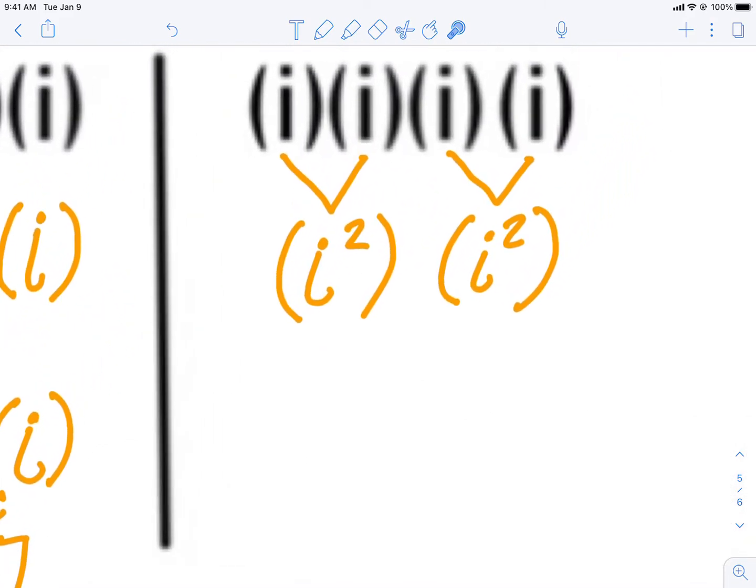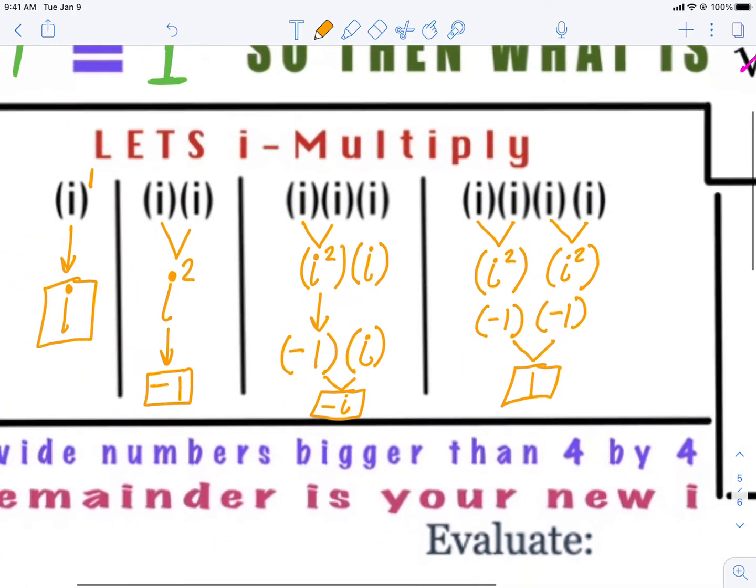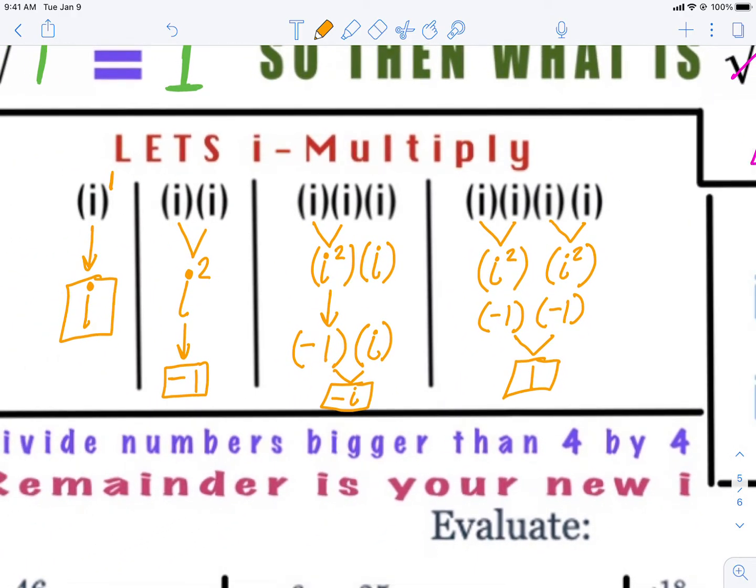So that means that both of these are -1 and -1. And what is -1 times -1? Well, a negative times a negative is a positive, and 1 times 1 is 1. So there you go. Look at that. I to the power of 4.